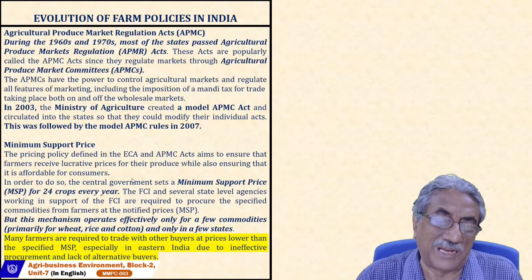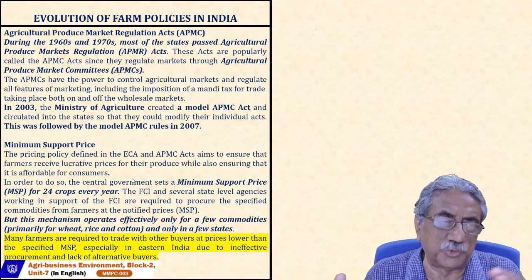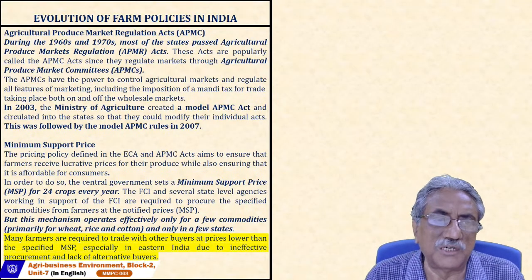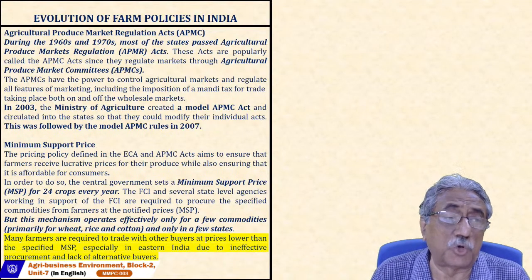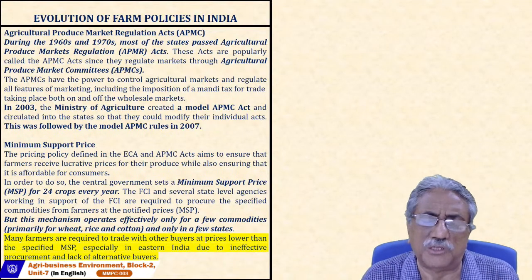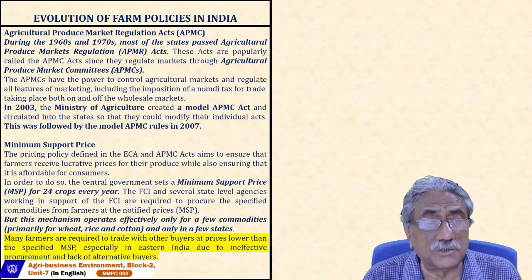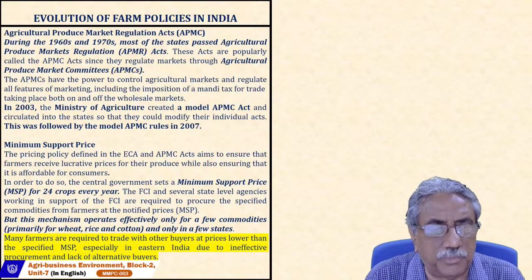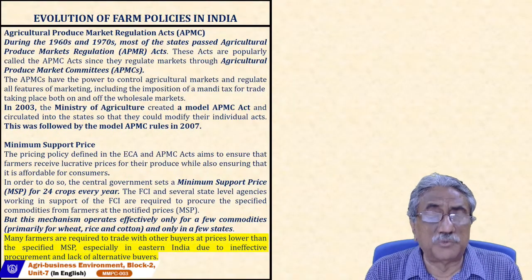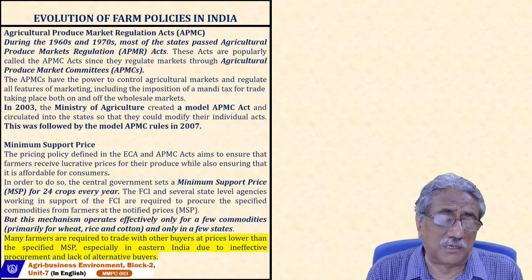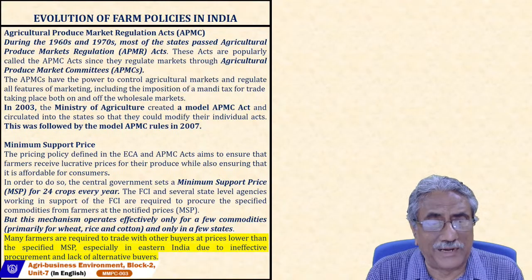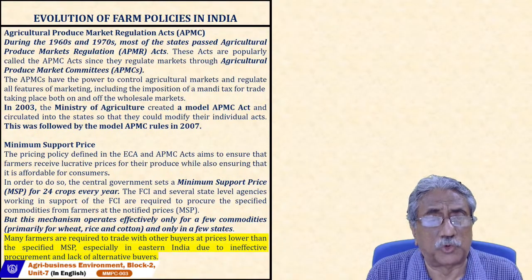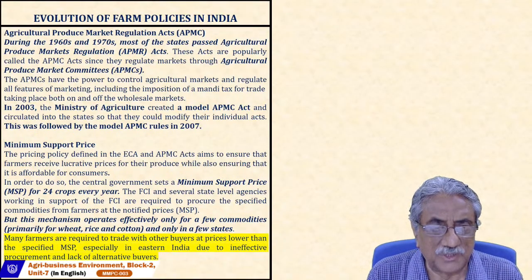As I told you, it's a balance between the farmer's income and the consumer's cost. In order to do so, the central government sets the minimum support price for 24 crops every year. Rice, wheat, and some others, maize etc., are the key crops in which minimum support price is applied. These 24 crops can be sold at the minimum support price in the mandis.